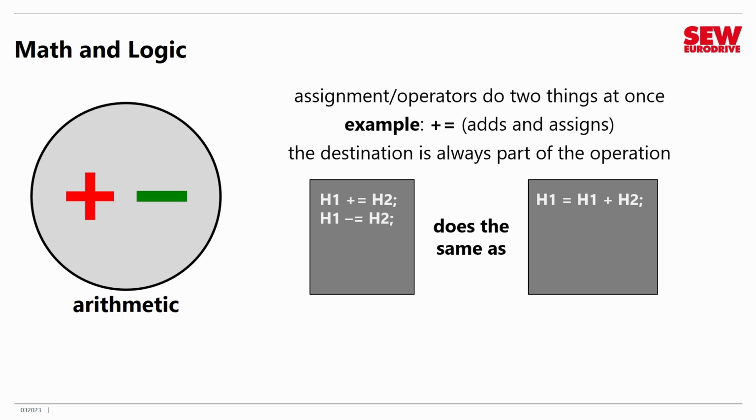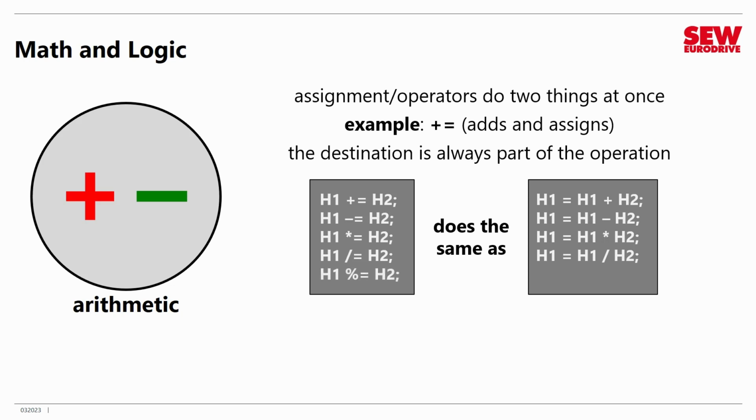H1 minus equal H2 is the same as H1 equals H1 minus H2. H1 multiply equal H2 is the same as H1 equals H1 times H2. H1 divide equal H2 does the same thing as H1 equals H1 divided by H2.